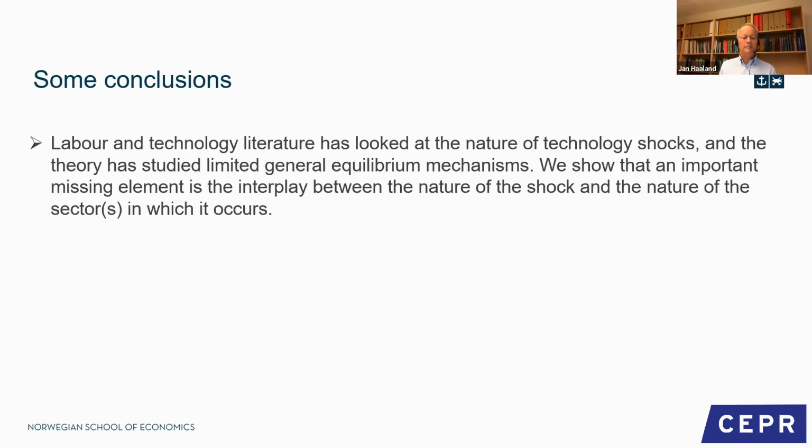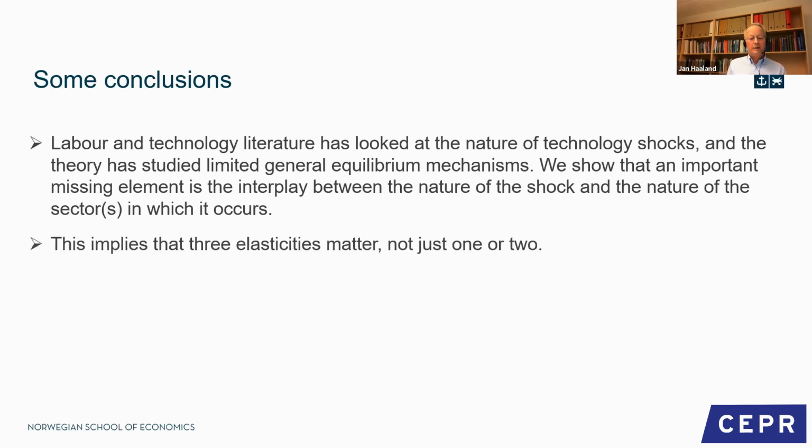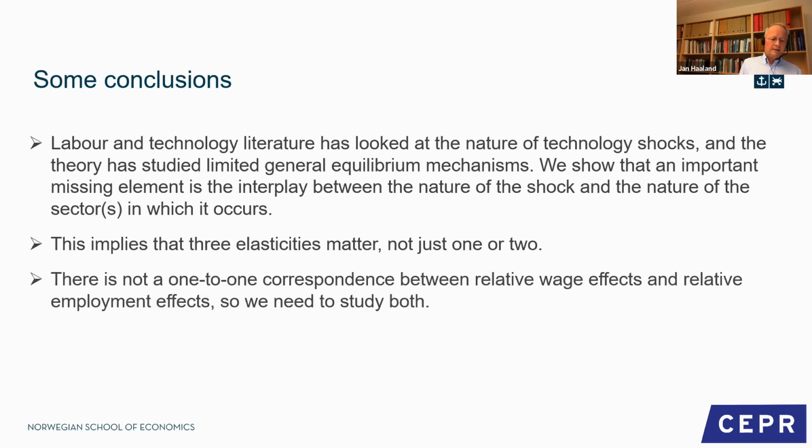So these general equilibrium things matter. It means that we need to look at 3 elasticities, not only 1 or 2. And it also means, which I haven't had very much time to talk about, that there is not a one-to-one correspondence between relative wage effect and relative employment effects. Very much of the literature only focuses on relative wage effects, but we need to look at both to get a complete picture. Thank you.